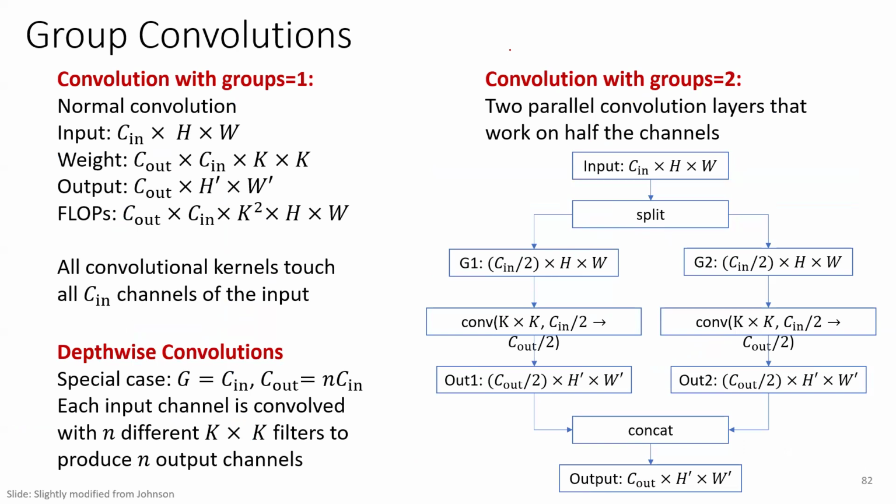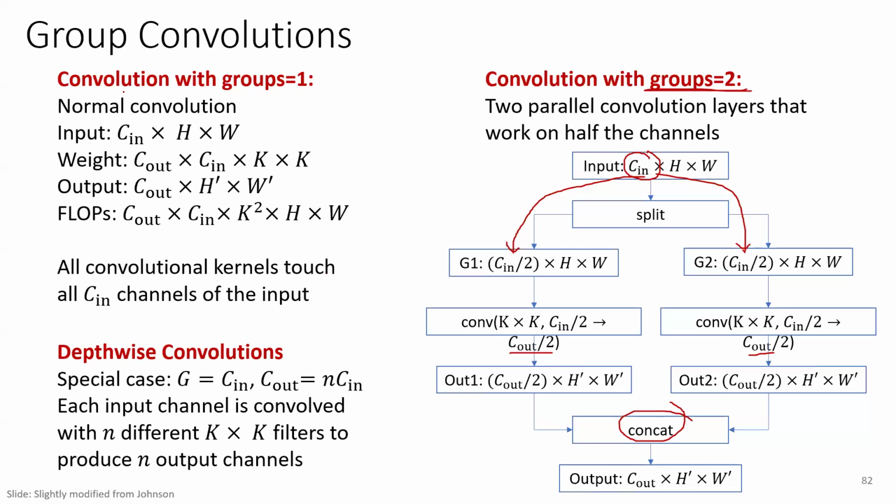But this one is fine. Convolution with two groups: you can see here we have C in number of channels. Those C in channels you divide into C in divided by two channels and C in divided by two channels. Those are the two groups. Then carry out the convolutions with those channels, and C out divided by 2, C out divided by 2 output channels, those you concatenate.